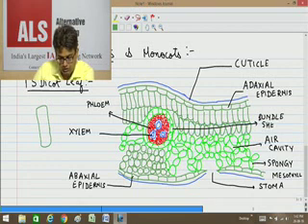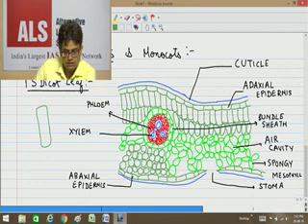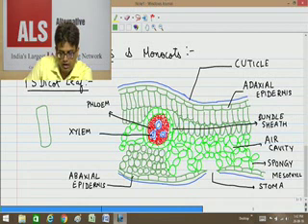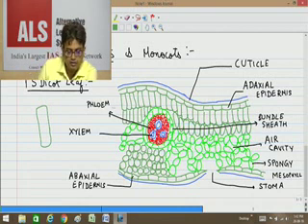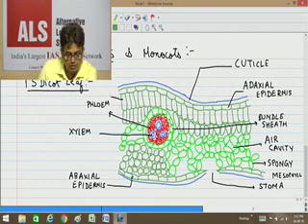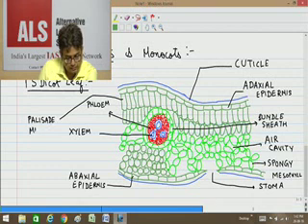Okay, and spongy mesophyll is labeled. Okay, one cell is still remaining. This is the column shaped cell that I drew earlier. This cell is the palisade mesophyll cell. Palisade mesophyll cell.